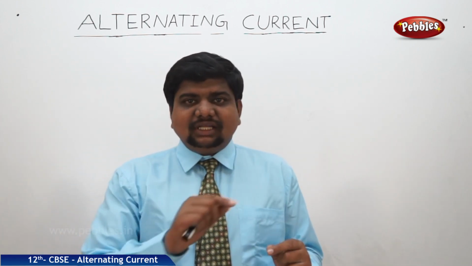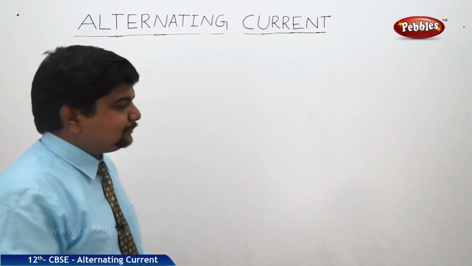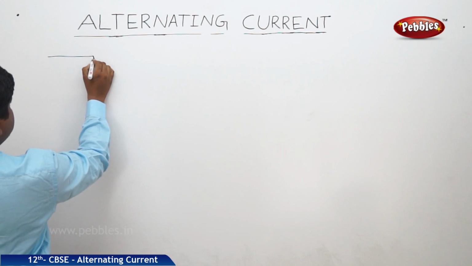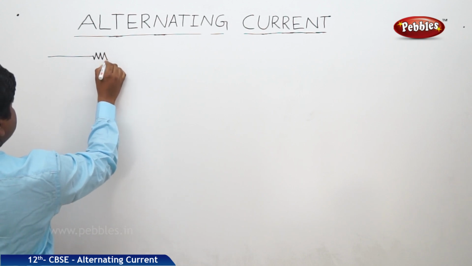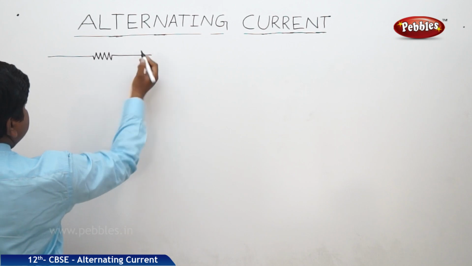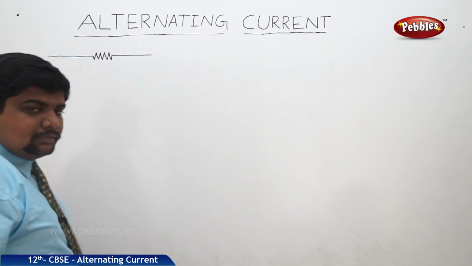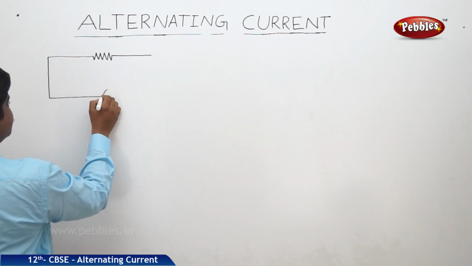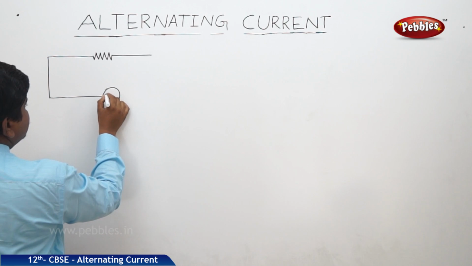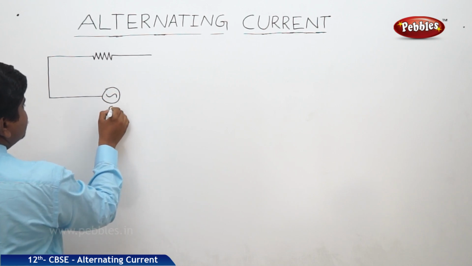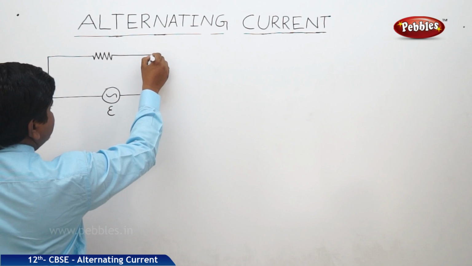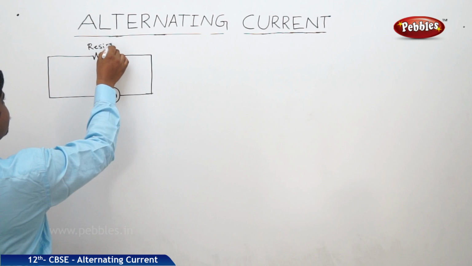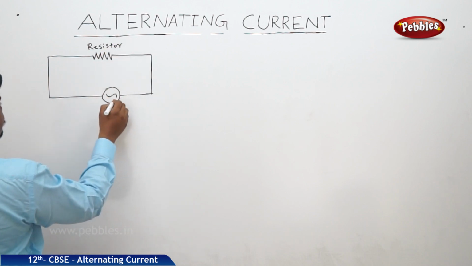For this purpose, let me check a circuit diagram. This is a resistor, and this resistor is connected to an AC source with some EMF.